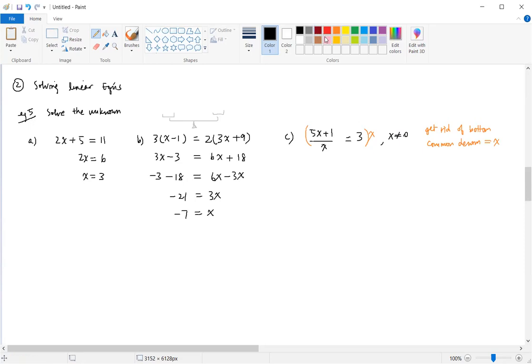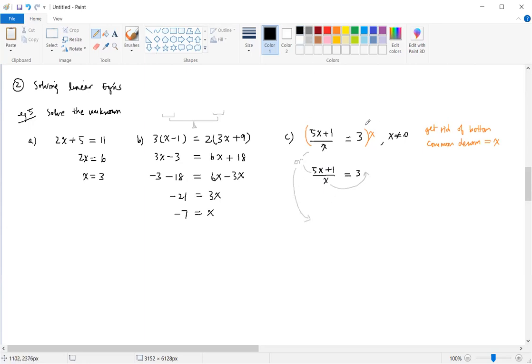Okay, so one thing is I can multiply by x, but now you notice, do we always have to use our orange pen? You see, our goal is just to make it one layer. Actually, we notice here that we have 5x plus 1 dividing x. Dividing, when you move it over, is multiply. Then that's it. So either you do this or that, you get to the same line.